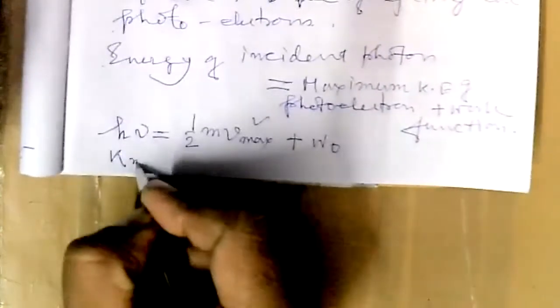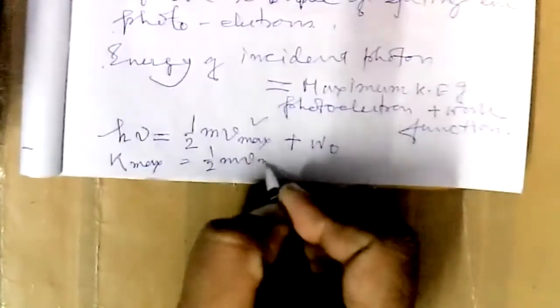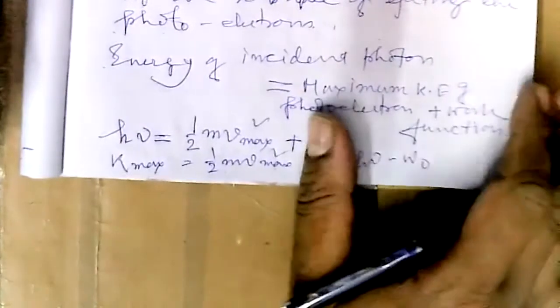So K max, the maximum kinetic energy, which is half m v max square, equals h nu minus W naught. So total incident energy minus the work function gives you the kinetic energy of the emitted photoelectron.